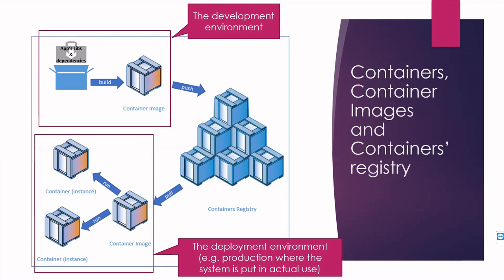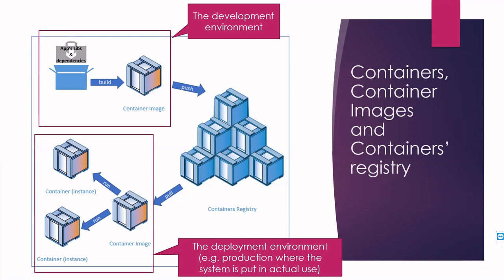So what happens in the development environment is that we have our software here with all its dependencies and applications. We run the build command in order to create an image. That creates a container image.